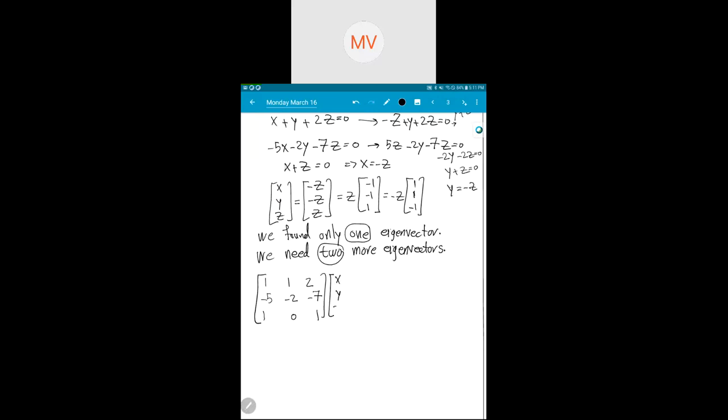You multiply by x, y, z. And you set it equal to what? Someone open your mic and tell me what we set it equal to. V1. Good.